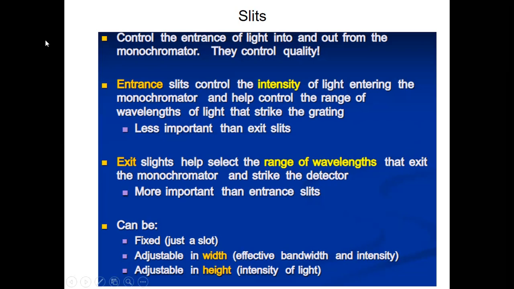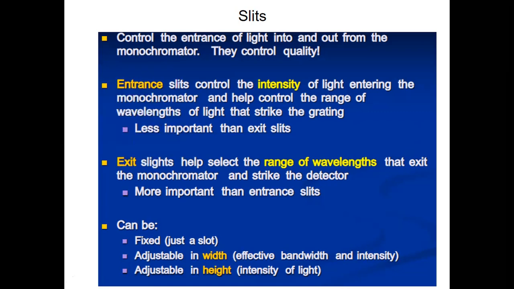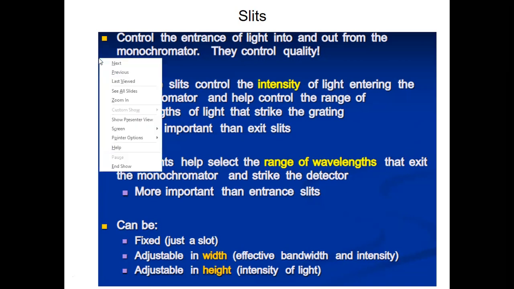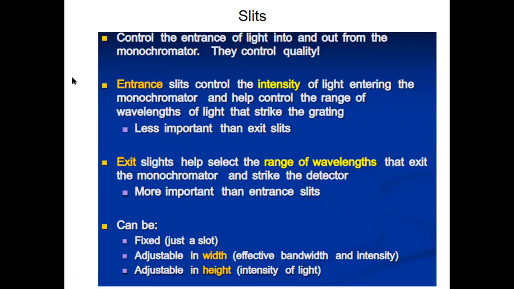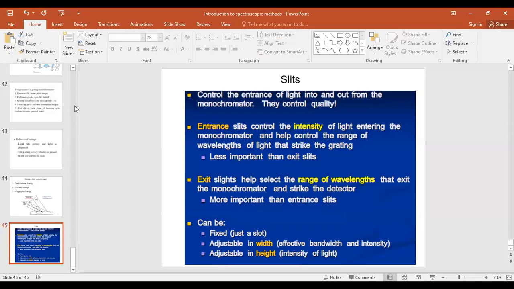What are the important things about the slits of the monochromator? And the next thing we have to discuss is the source. Since it's already 12:15, let's discuss it next day.